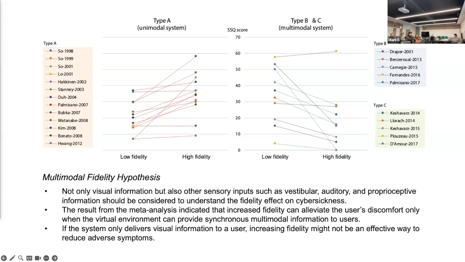My hypothesis is that if the virtual environment only gives a unimodal system, which means they just show the visual information, with no vestibular, no audio, no tactile, only single visual information, then even though the environment is high fidelity, it causes more sickness. But if the virtual environment is a multimodal system, then the high fidelity virtual scene can reduce cybersickness.